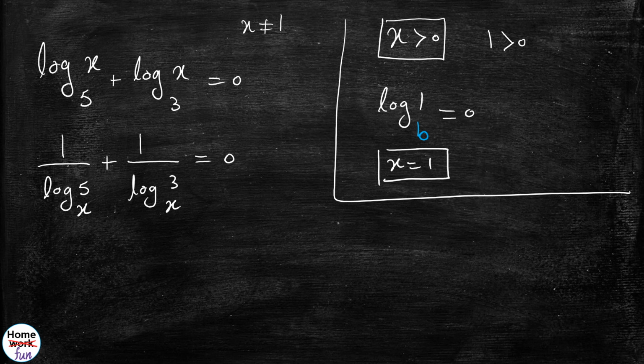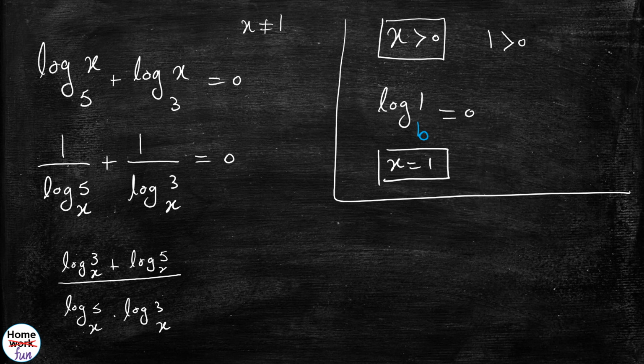So the benefit of that is that now both of them have the same base. So I can take the common denominator, log of 5 with the base x times log of 3 with the base x, and on the top you have log of 3 with the base x plus log of 5 with the base x, which must equal 0. In order for that fraction to be 0, the numerator must be 0.